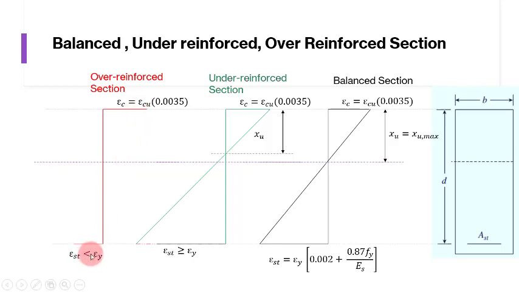However, the tensile strain in the reinforcing steel is less than the yield strain. The concrete thus fails in compression before the steel reaches its yield point. Hence, this type of failure is termed compression failure.